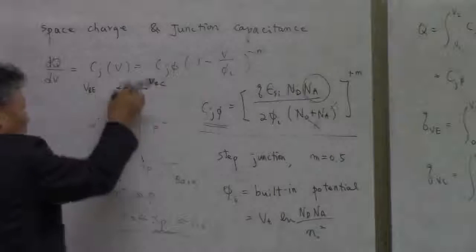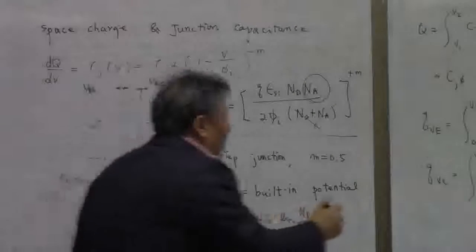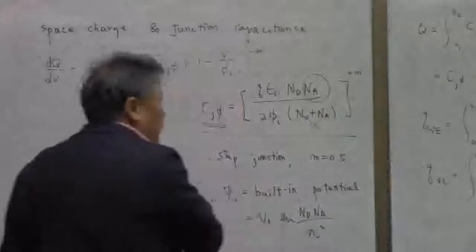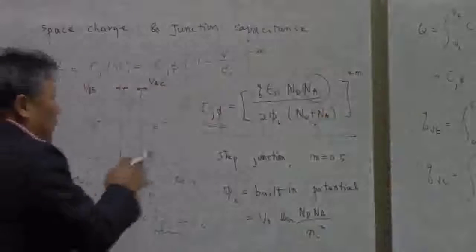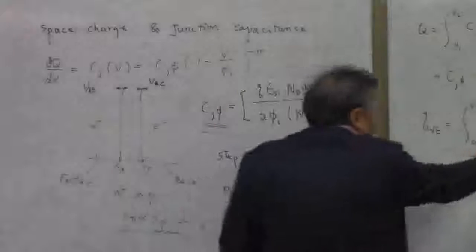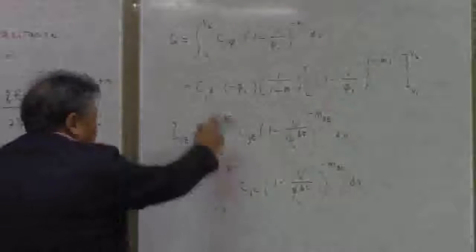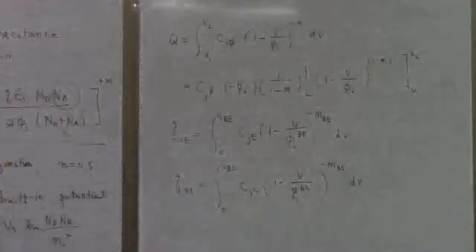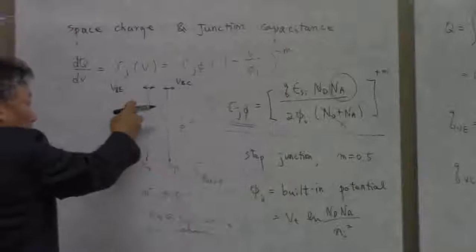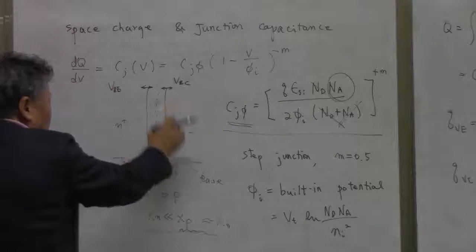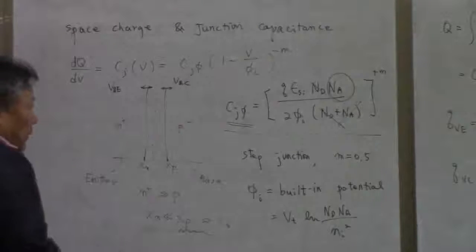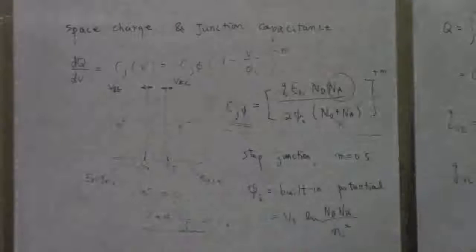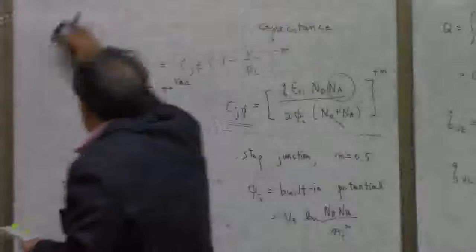With that change in voltages, we can have a capacitance. And if you integrate that capacitance along the voltage, then you can get the charges corresponding to the voltages applied between base and emitter and between base and collector. So these are the charges for the junction capacitance.